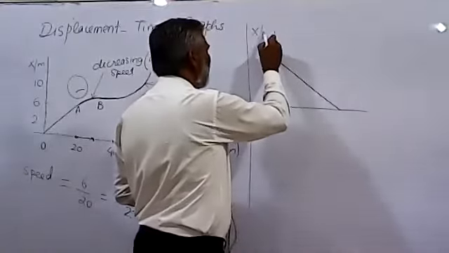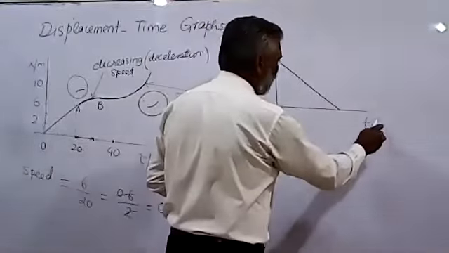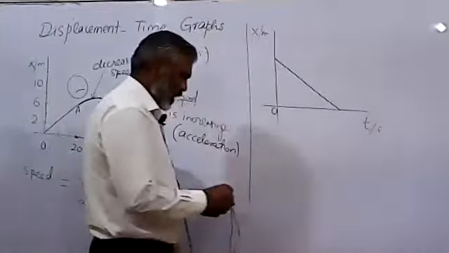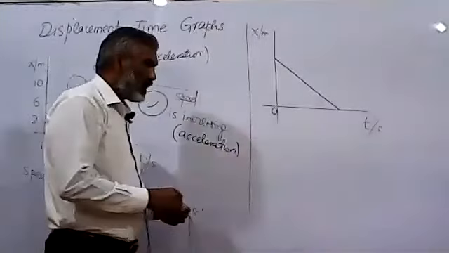X, if it is measured in meters, time, if it is measured in seconds, now clearly shows that the object is coming towards this position. It is coming towards this position, and it is moving at a constant speed again.